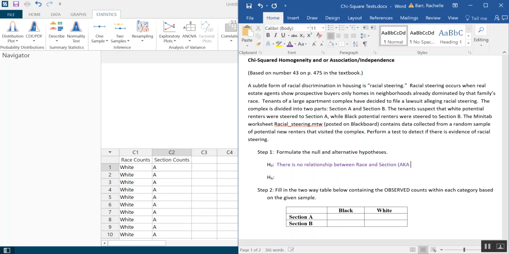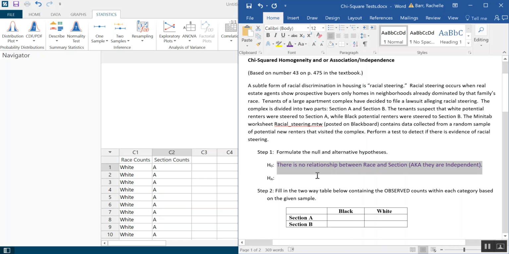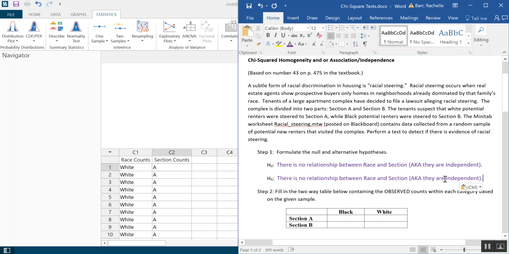So, a.k.a., these are independent. The idea of independence can be the same as saying these two are not related. That's what I'm trying to say by this null hypothesis. So be thinking of this as relationships.